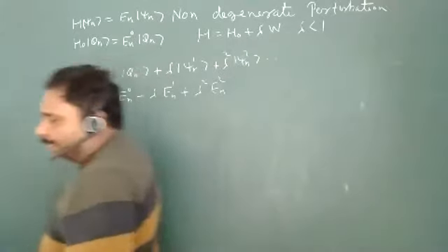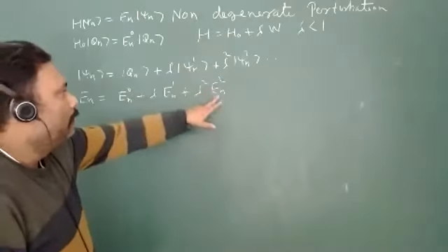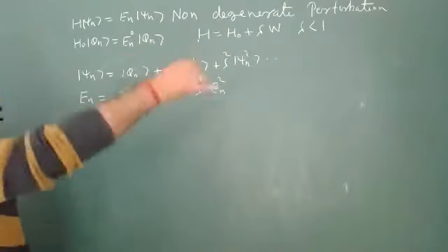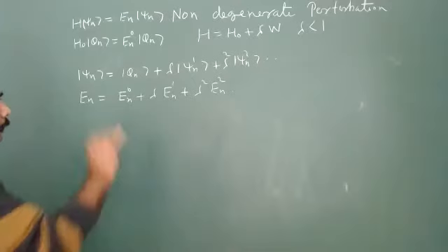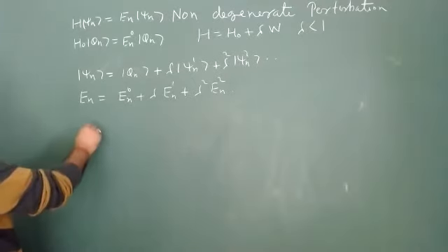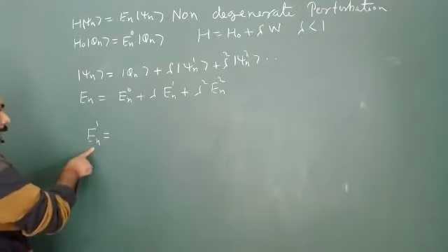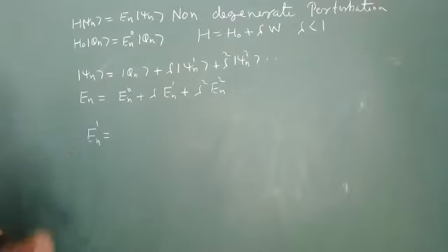So the main target is that we have to calculate En1, psi n1, En2 mainly for examination purposes. You can calculate all the other higher order terms also, but that is a little more complicated. But we should go for En1. En1 is the energy correction up to first order for the nth state.